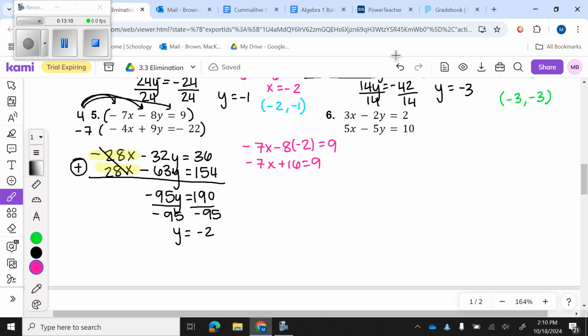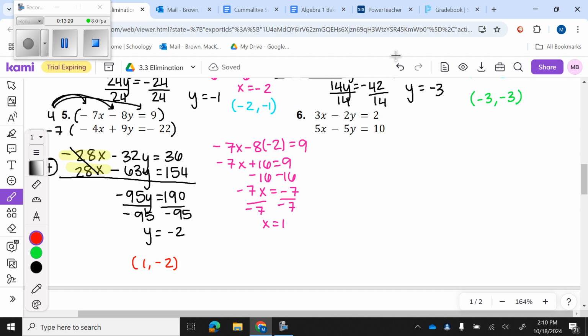To get this x by itself, I'm going to subtract 16 from both sides. I'm going to have a negative 7x equals negative 7. Divide both sides by a negative 7 to get x equals positive 1. Last thing you got to do is write your answer as an ordered pair, so I'm going to have 1 comma negative 2.